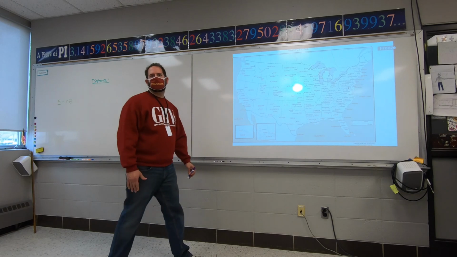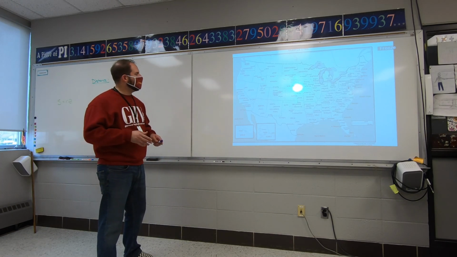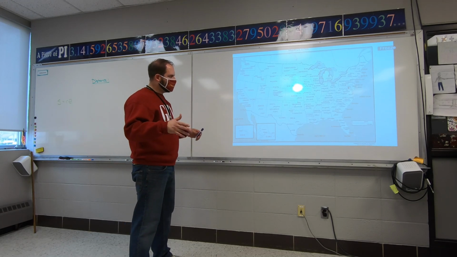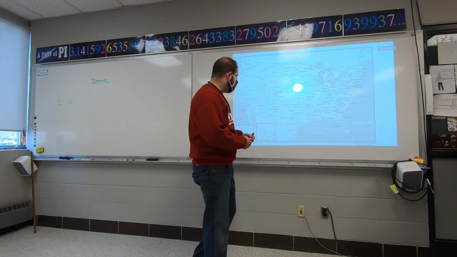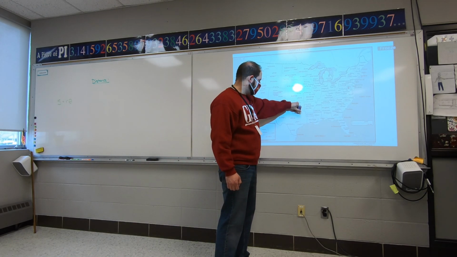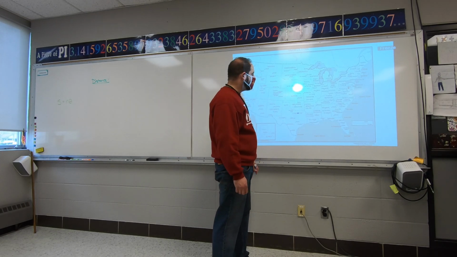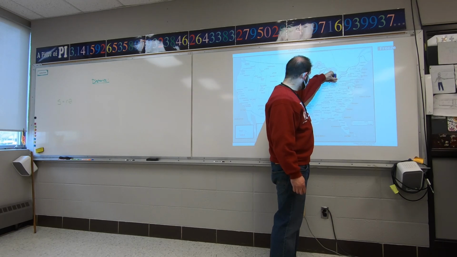Okay, so let's walk through the last type of problem here. We're going to go diagonal. I'm just going to pick two cities that are kind of diagonal from each other. Let's go with Dallas, Texas, and let's go with Cleveland, Ohio.